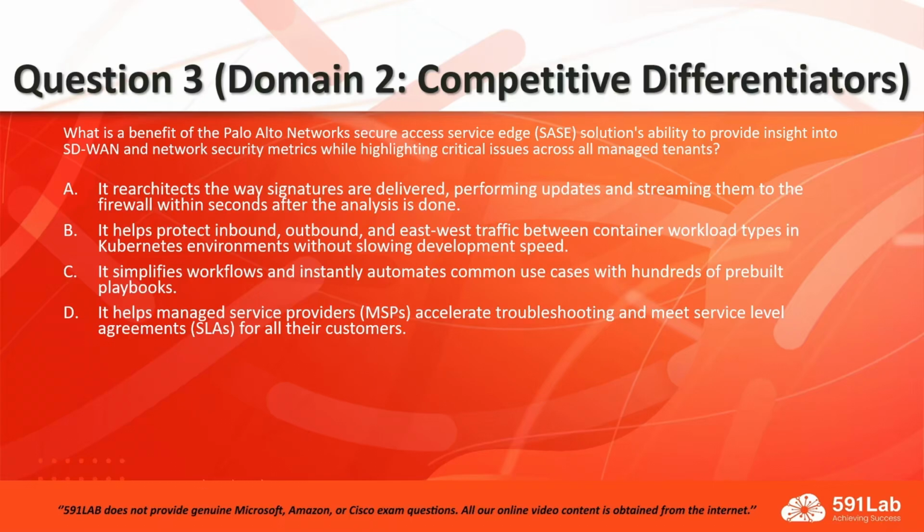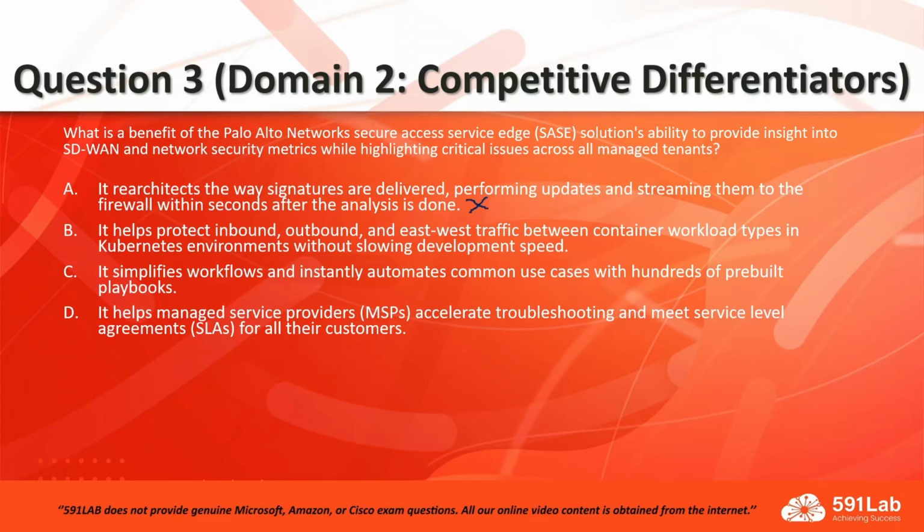From these options, we can check each of the options. The first one, A, it re-architects the way signatures are delivered. It's not the ability of the SASE, because this is the firewall's ability, so it's not the answer. And B, it helps protect inbound, outbound, and east-west traffic between container workload types in Kubernetes environment without slowing development speed.